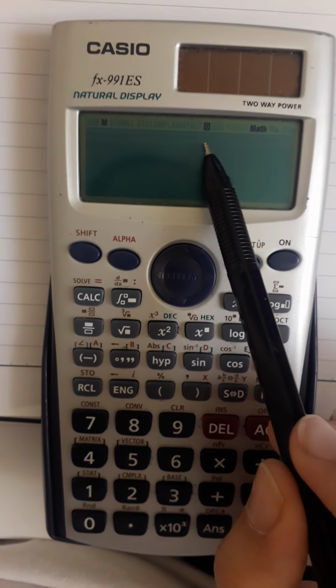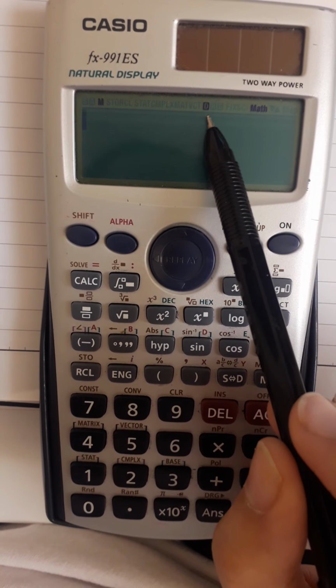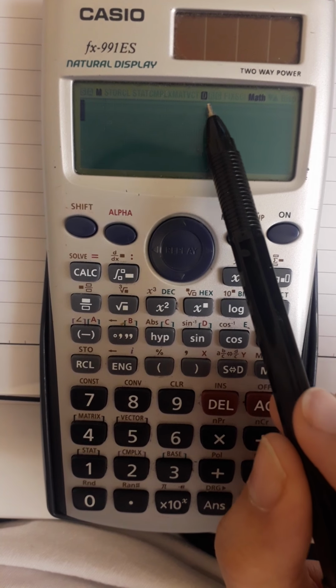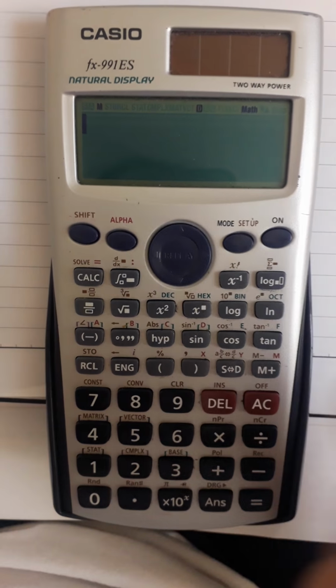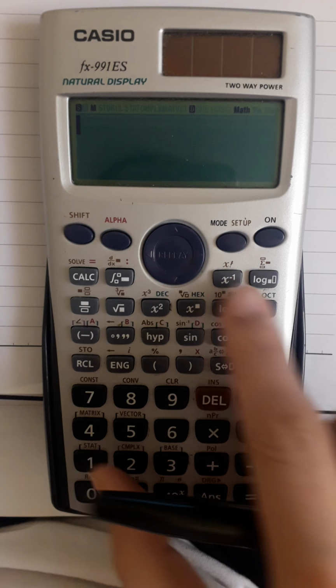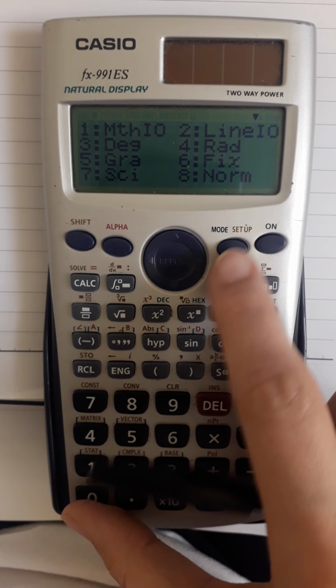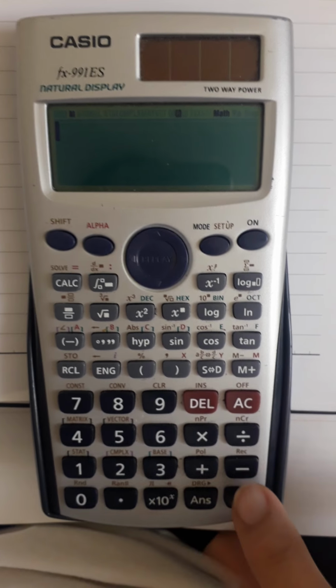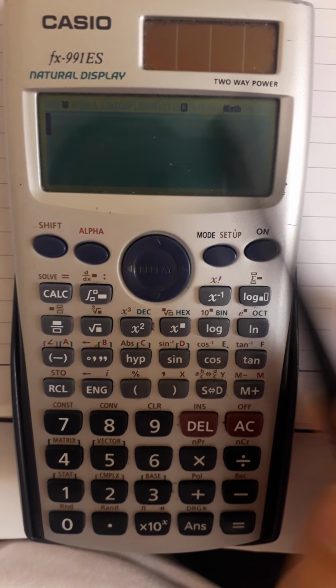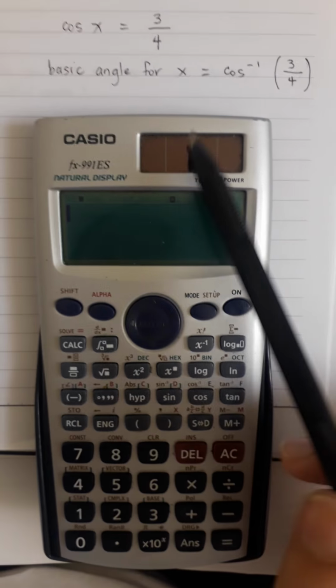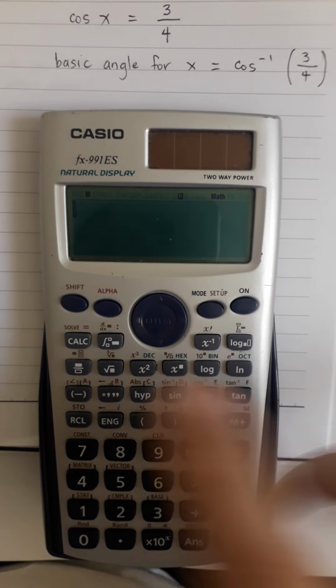So look at the screen. There's a D there. Right now on my calculator screen, it's a D. So it's in degree mode. So I need to change it to radian mode. Shift mode 4. Okay, now it's an R. So we can now get the value of the basic angle for x.